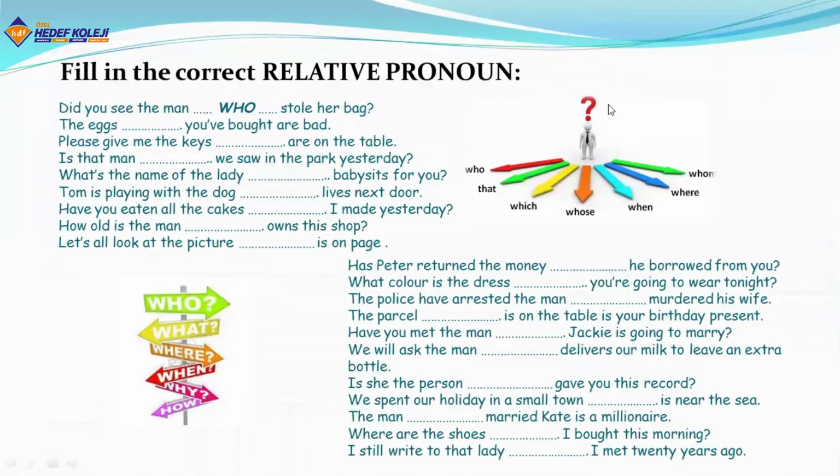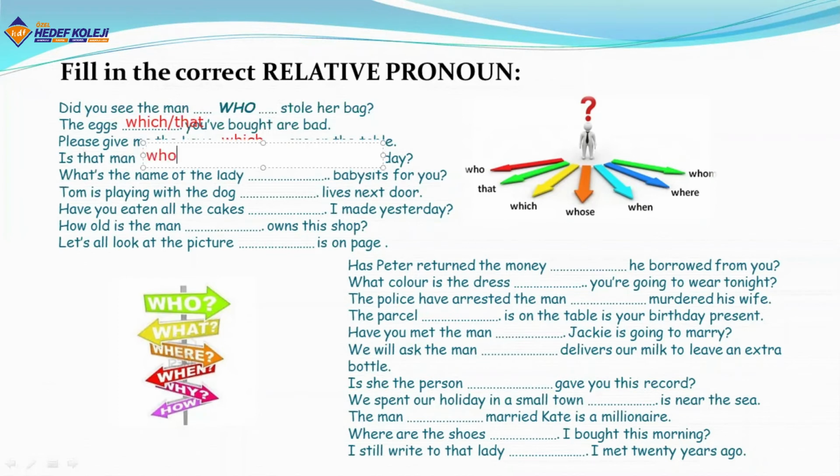Fill in the correct relative pronouns. The keys are things, so with things I can use which or that. Thank you. Please give me the keys. Keys is a thing, so which is correct. Is that the man, person?